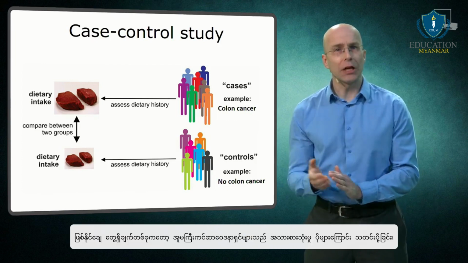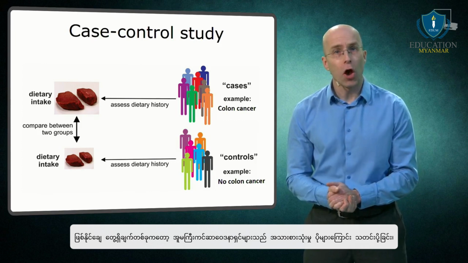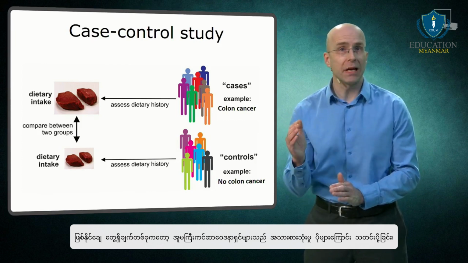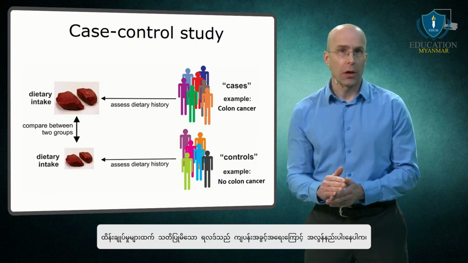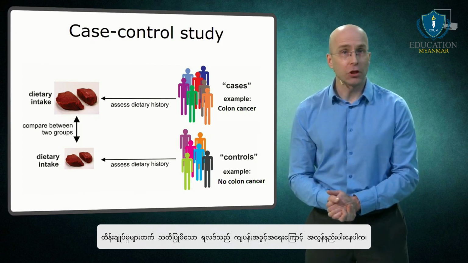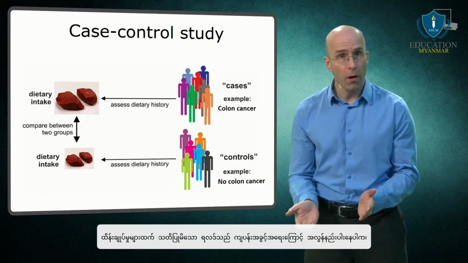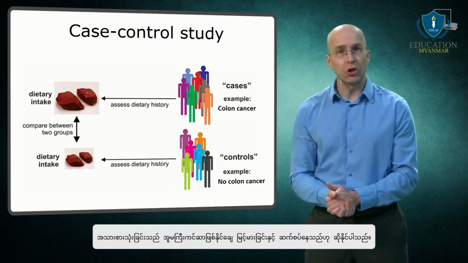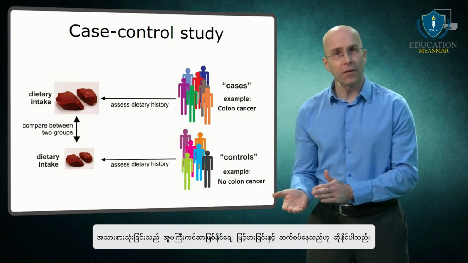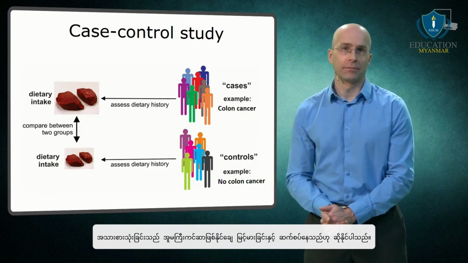A possible finding could be that colon cancer patients report a higher consumption of meat than the controls. And if the chance that the observed outcome is due to random chance is very low, then we can say that meat consumption is associated with elevated risk of colon cancer.